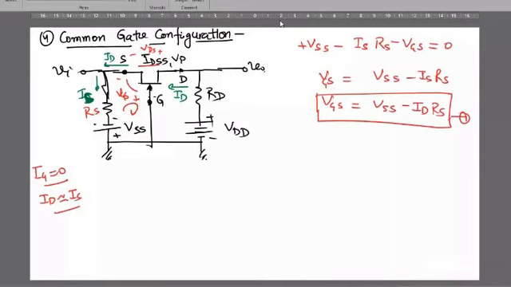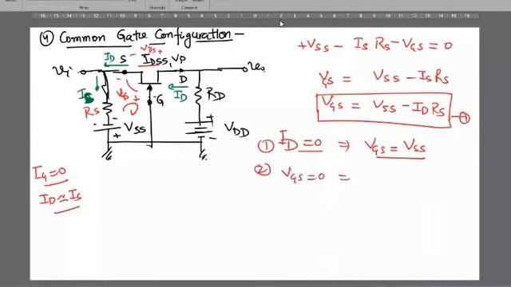Fine. And the second equation you can calculate by applying conditions. First condition, like in potential divider bias, ID equals 0. If you put ID equals 0, you will find VGS equals VSS. In the second condition you put VGS equals 0.